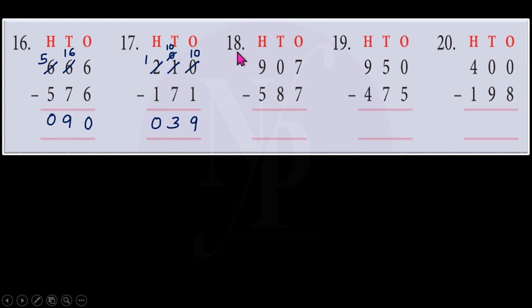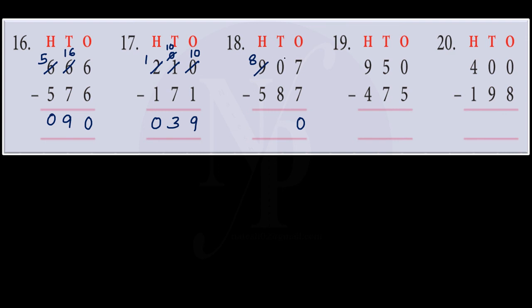Question number 18. We have 907 minus 587. So here we subtract 7 from 7 and we get 0. To subtract 8 from 0 tens is not possible. We have to regroup here. We make this 900s as 800s.